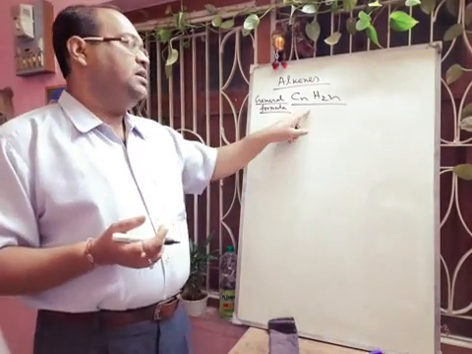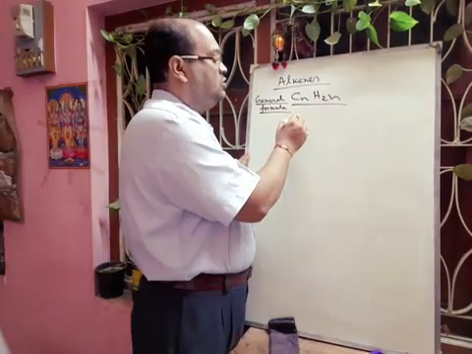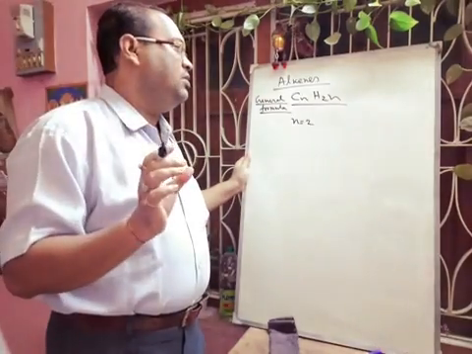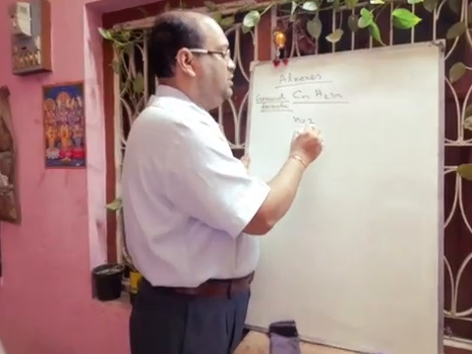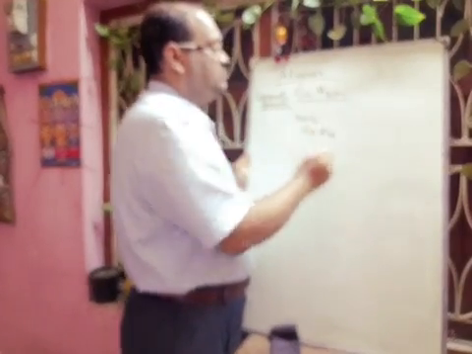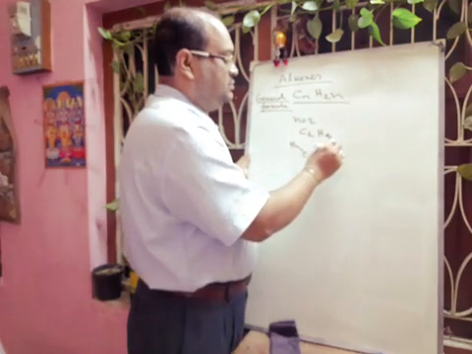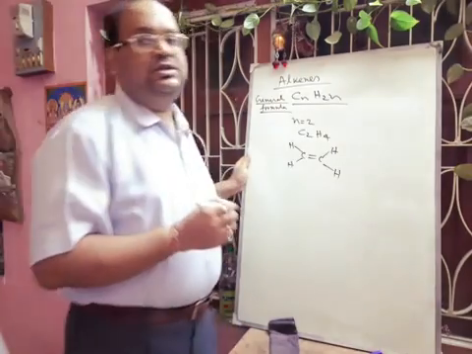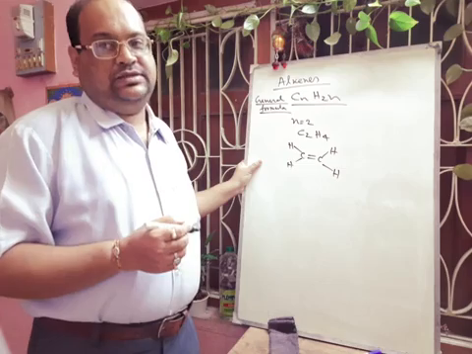The first member of this series is when n is equal to 2, because two carbons are required for the formation of a carbon-carbon double bond. So this will be C2H4, and this is the structure of ethylene. This is the first member of the alkene series.